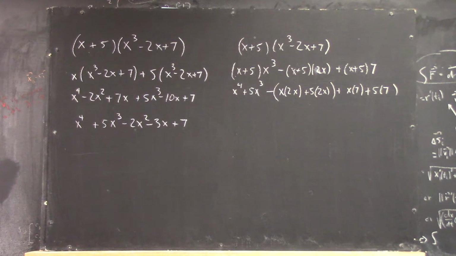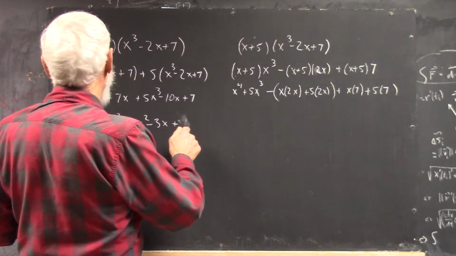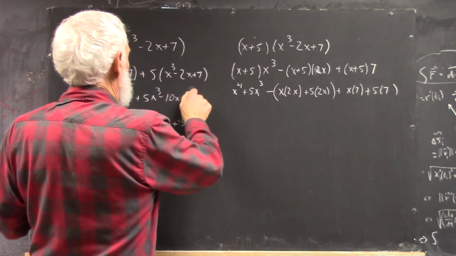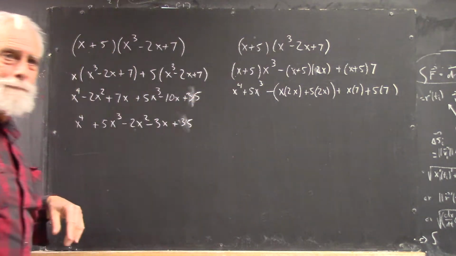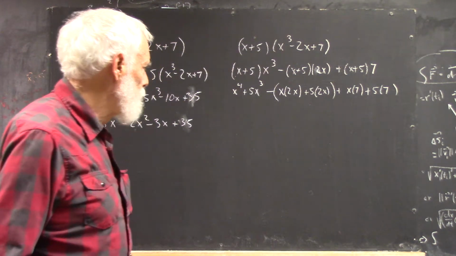Wait a minute. What is it? Okay, well, it's 35. And this should have been 35, right? Thank you. You do have to keep an eye on me. Sometimes I get careless. I don't have as many neurons as I used to.